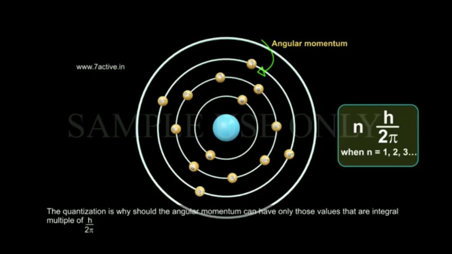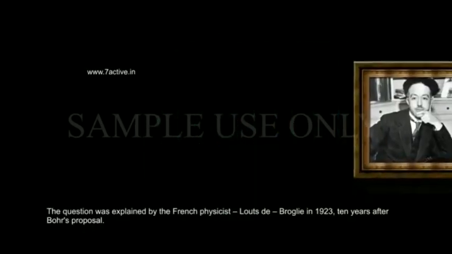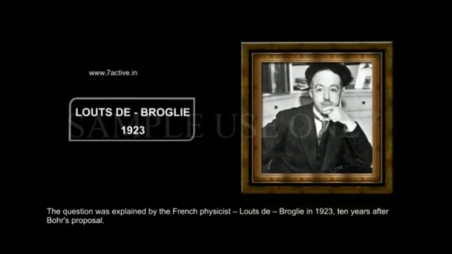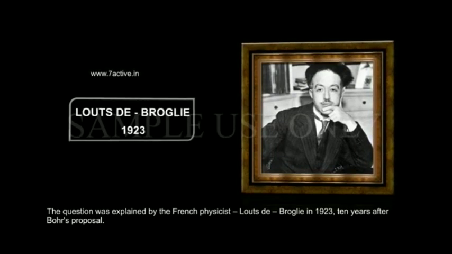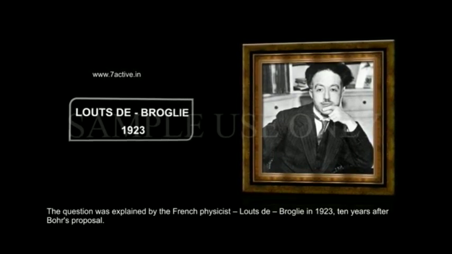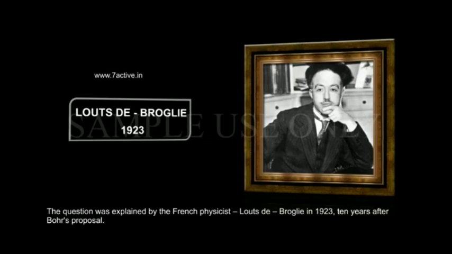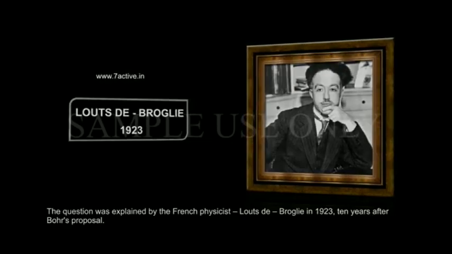The question was why the angular momentum can have only those values that are integral multiples of h by 2 pi. This was explained by the French physicist Louis de Broglie in 1923, 10 years after Bohr's proposal.